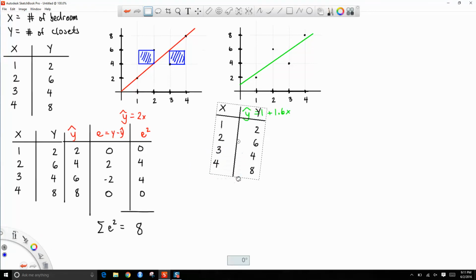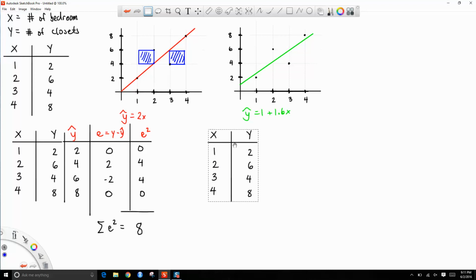Okay, so under that we have the prediction according to the green line, and then the error according to the green line, and then the error squared.